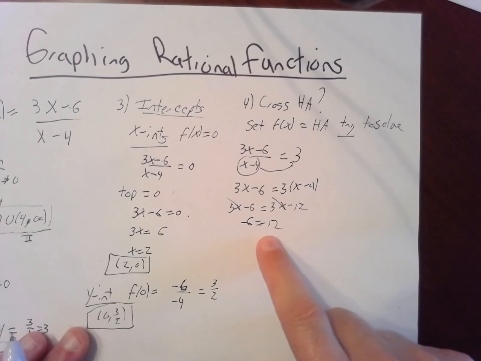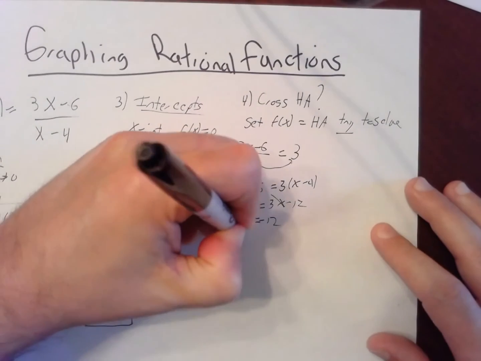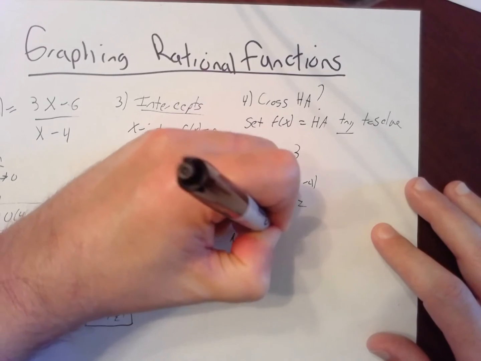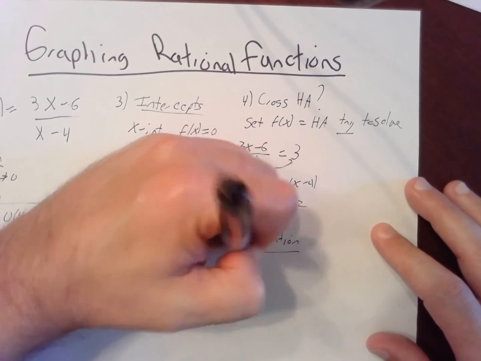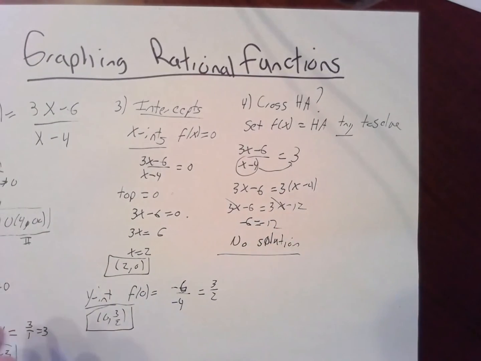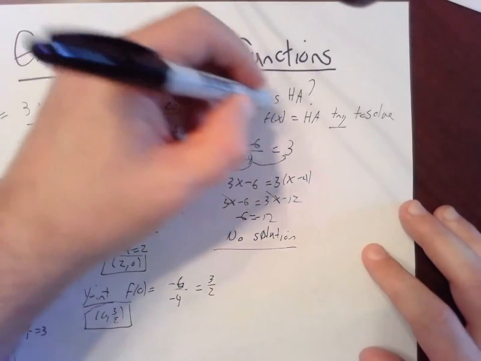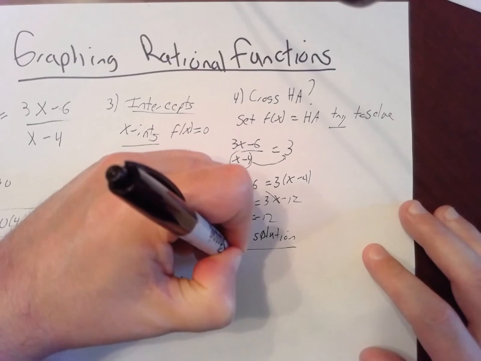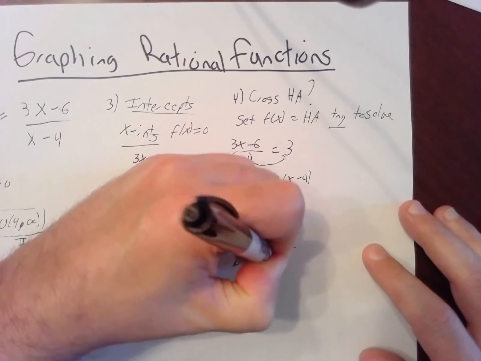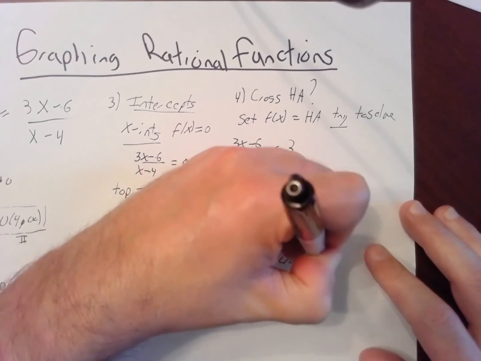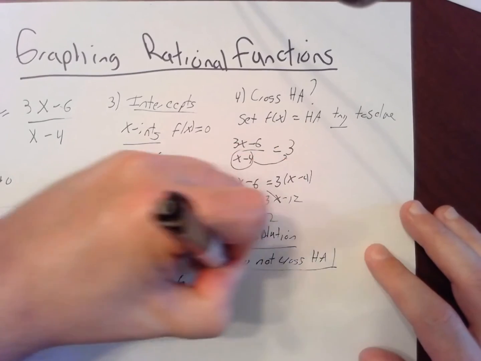We couldn't. There's no solution. When all your x's cancel out and you get some false statement like that, that means no, we do not cross the horizontal asymptote. This was a yes or no question. The answer is we do not cross the horizontal asymptote.